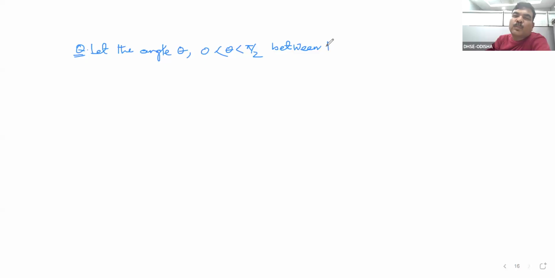Let the angle theta, where 0 is less than theta less than pi over 2, between two unit vectors A cap and B cap be sin inverse root 65 upon 9.